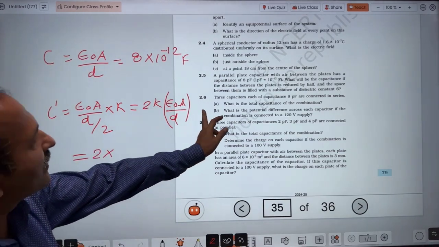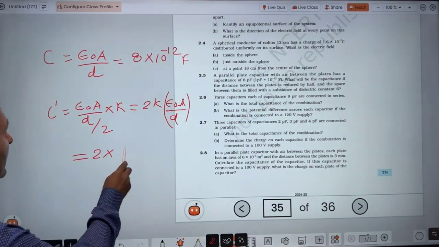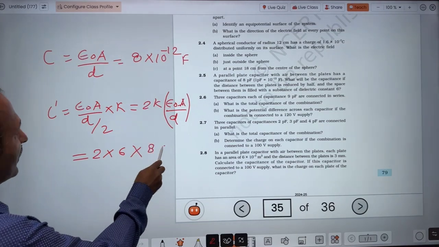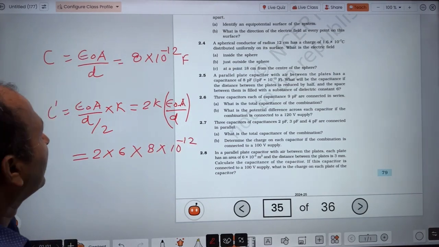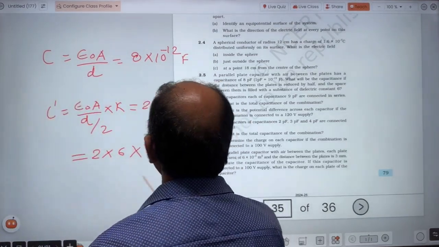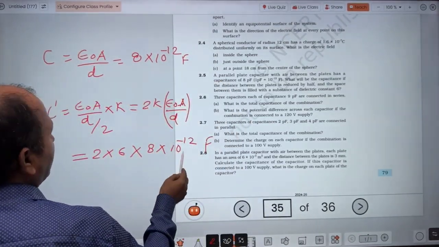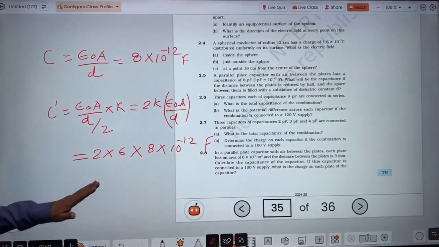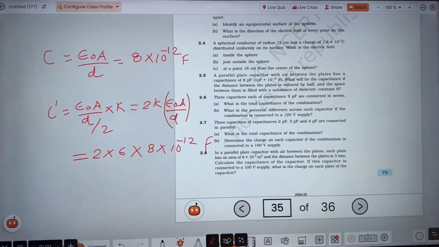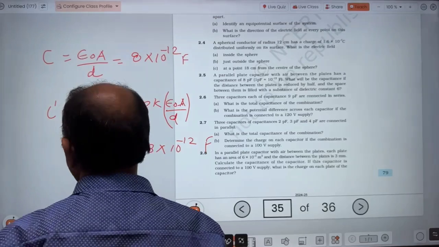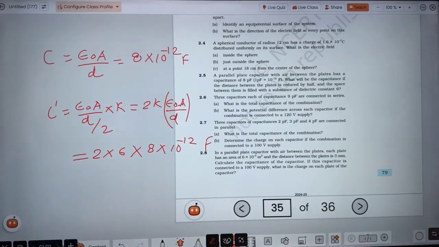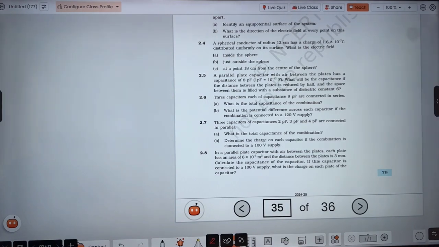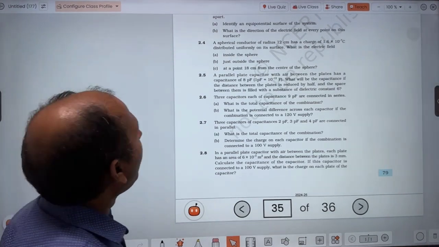Now, let's see the next question. Next question is, 3 capacitors, each of capacitance 9 picofarad, are connected in series. What is the total capacitance? So you know very well, if capacitances are connected in series, suppose this is one capacitor, another here, another here.